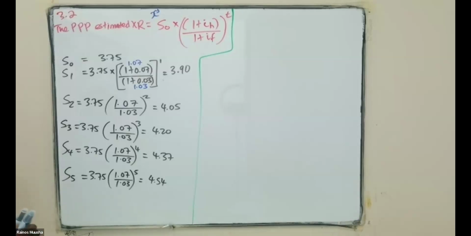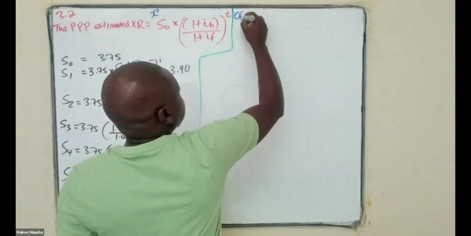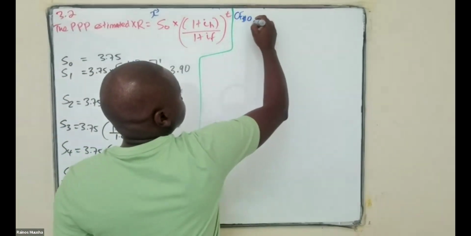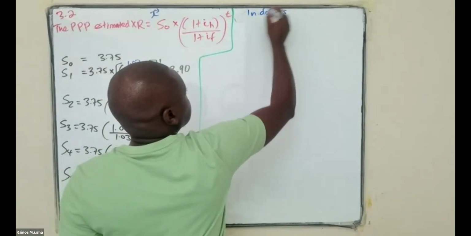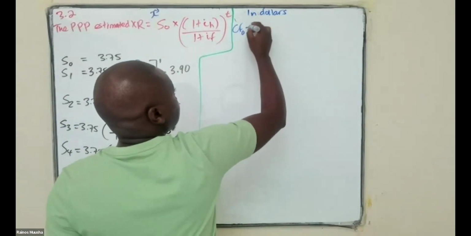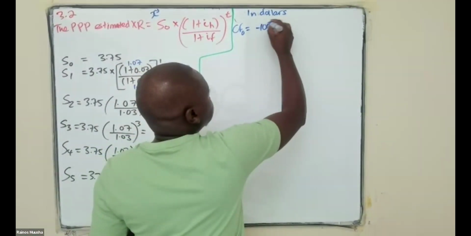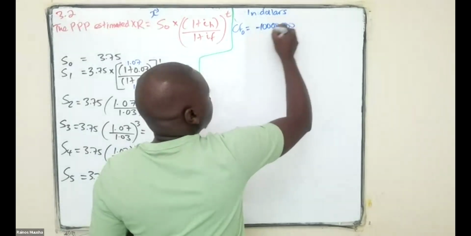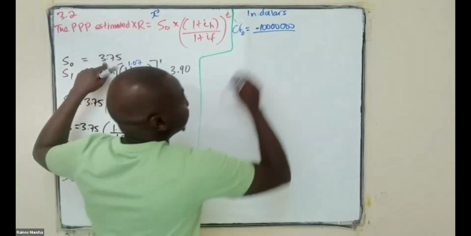Now, the next step, remember we already have the cost of capital in dollars, isn't it? Now we need to find out what the cash flows are in dollars as well. So the cash flow in dollars for period 0 is equal to the 10 million that we are spending, divided by the exchange rate of 3.75.